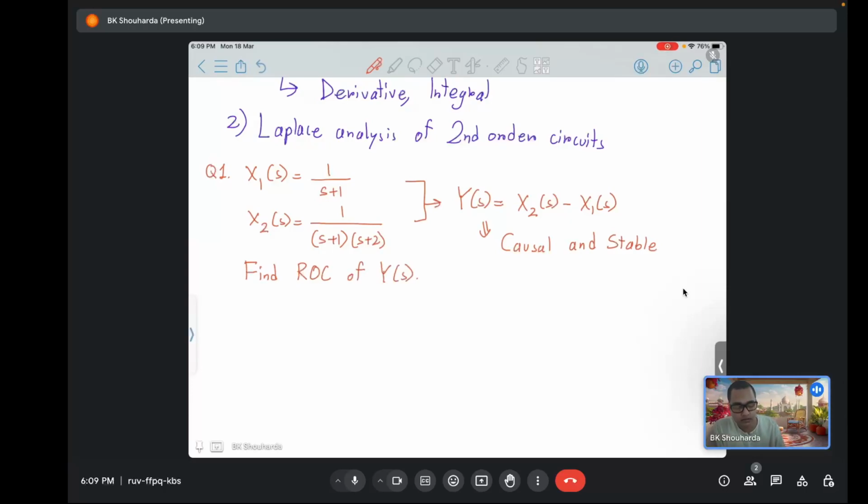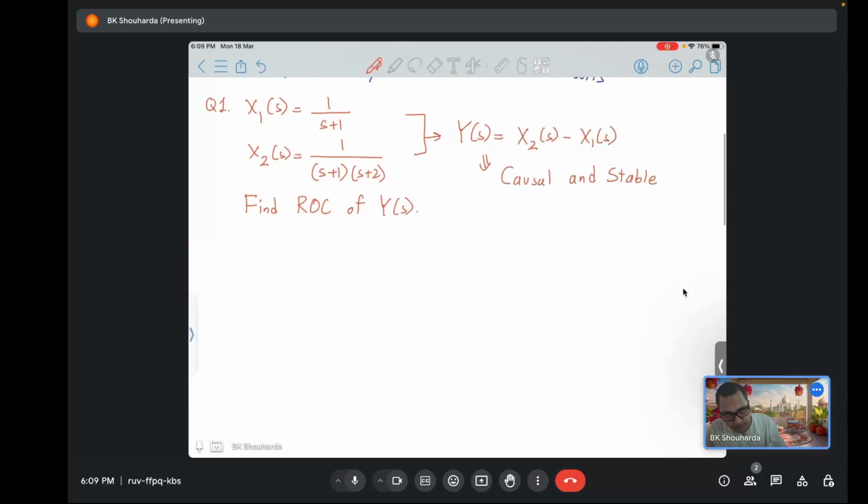Okay, so let's look into it. Let us initially find what Y(s) is. Actually, this is X1 minus X2, so this is 1 upon s plus 1 minus 1 upon (s plus 1)(s plus 2).